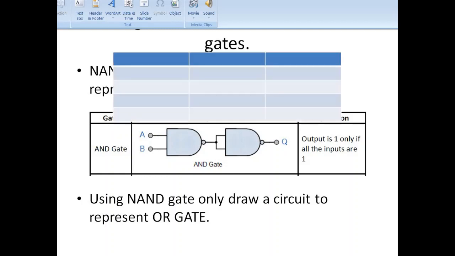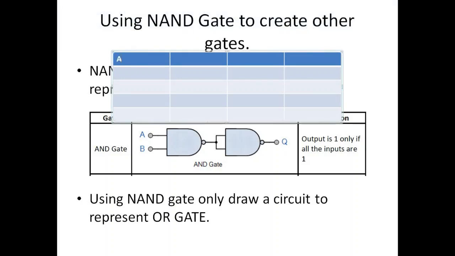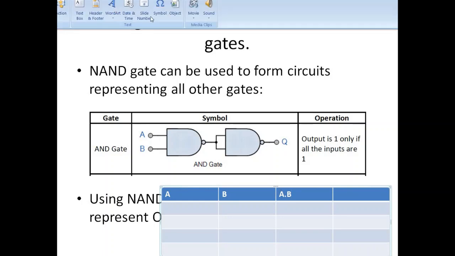This would be A, this would be B, this would be A dot B, and on top of that we would apply a bar in order to know that this is actually NAND gate and not AND gate.